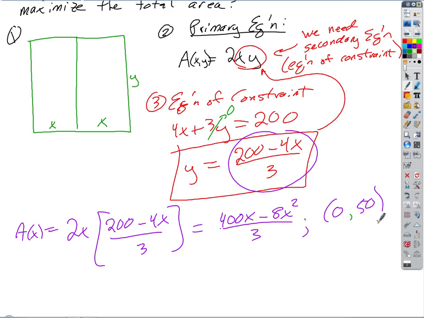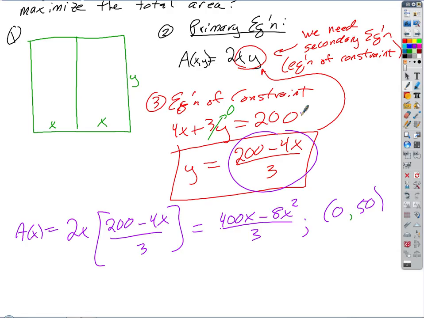Okay, so what if we went the other way? Instead of making x small, what if we made x big? Well, if we make x big, then y is going to shrink, right? We can't make x infinitely big because we're constrained by this equation right here. The sum of 4x plus 3y is equal to 200. So the biggest we could get would be if y went all the way to 0, right?